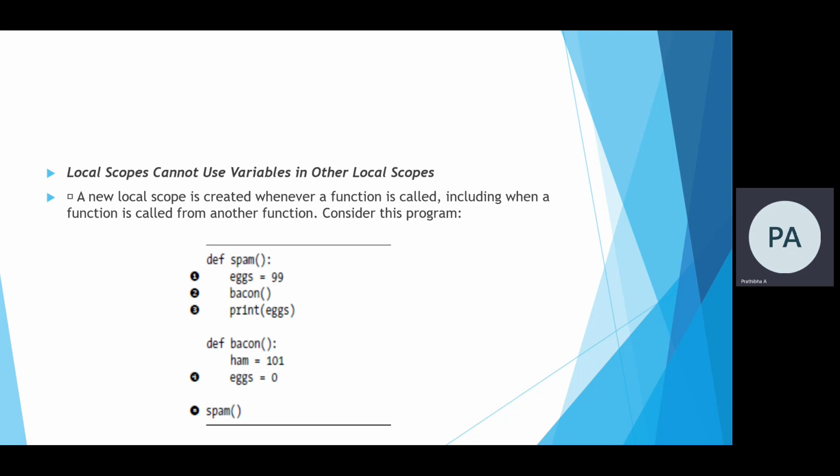So here we have two functions, bacon and spam. Once spam is called, you assign x the value 19, and you call another function, bacon. In bacon, again you assign a ham variable with another value, and you set x to 0. After this modification, you go back to spam and print x.